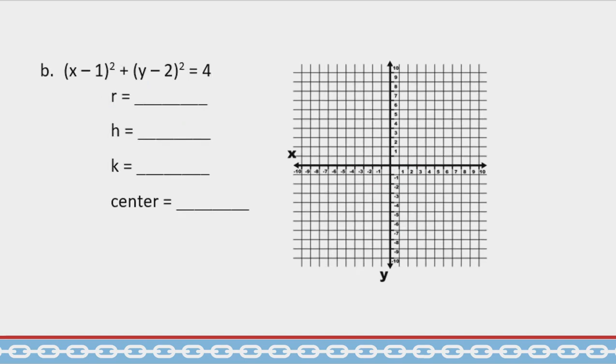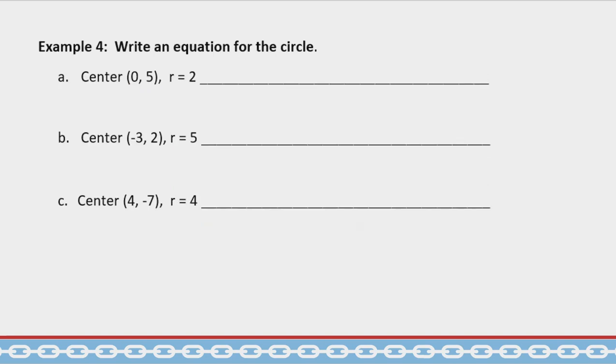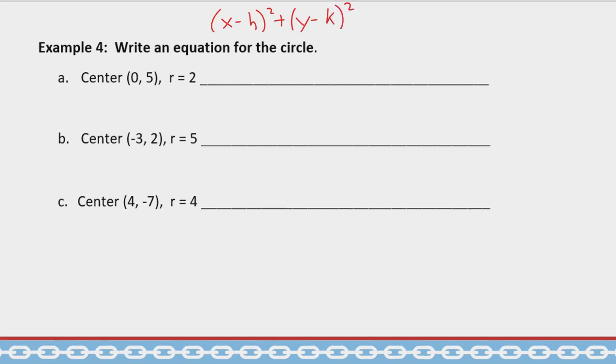The last thing then is writing an equation given information. So it's always helpful to be looking at the generic formula. X minus h squared plus y minus k squared equals radius squared.